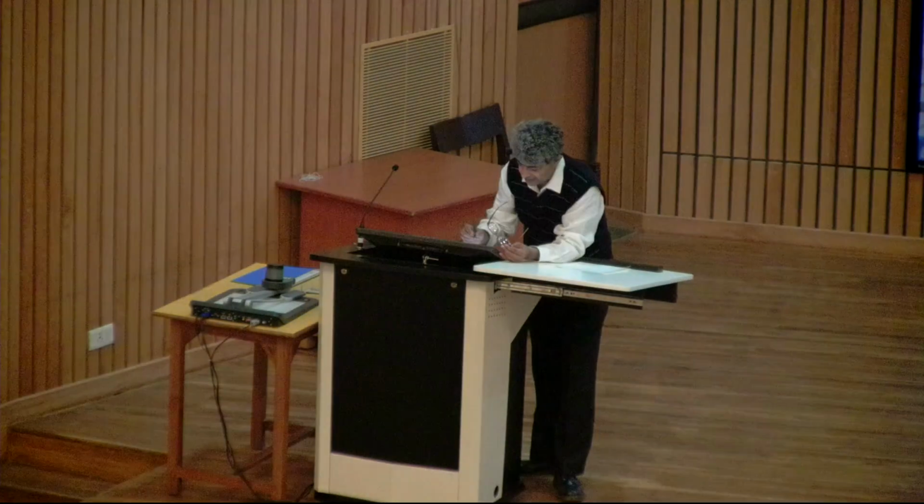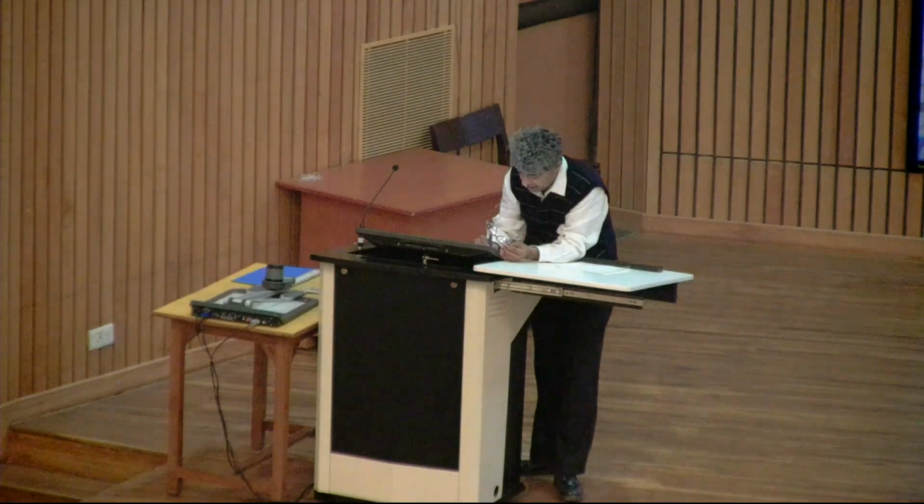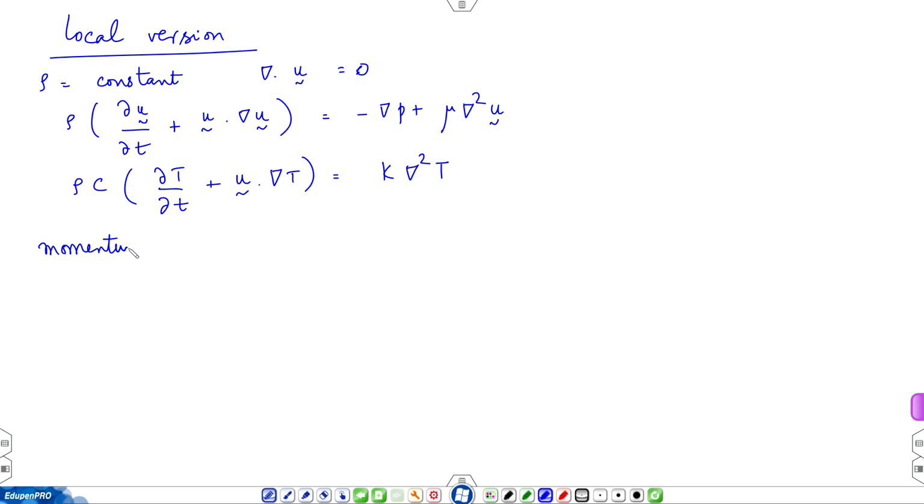So, this left hand side in momentum equation is mass times acceleration, which is the material derivative of velocity. So, what is it?